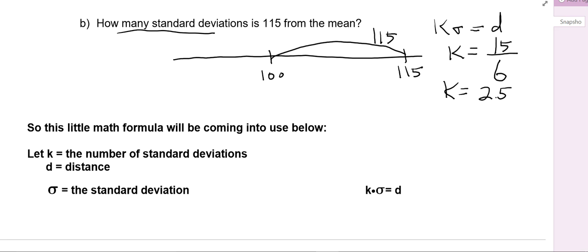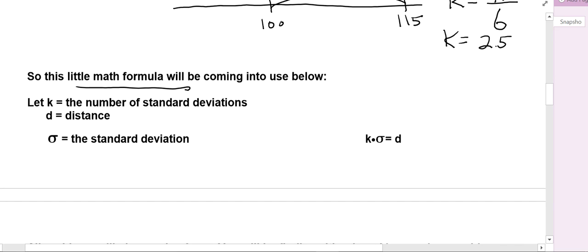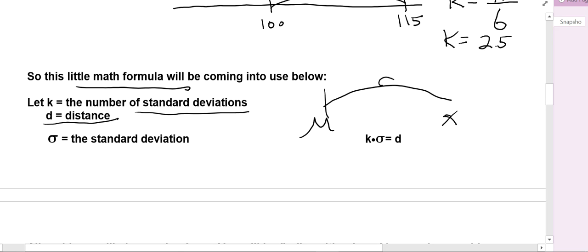All right, so here's this little math formula that's going to be very useful in what we're about to do next. Remember, we're going to let K represent the number of standard deviations. D is our distance a number is from the mean, in either direction.